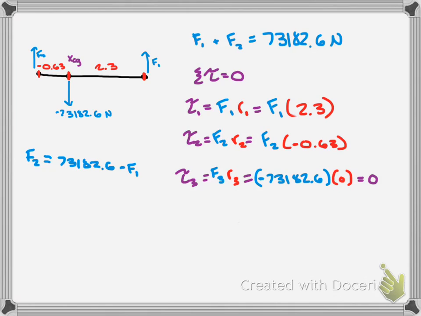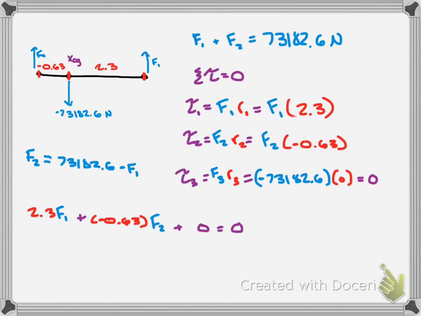So substitute torque 1 with this equation, and substitute torque 2 with that equation, and torque 3. Okay, sorry, what I just showed you was gibberish. Ignore that. Substitute torque 1 plus torque 2 plus torque 3 is equal to 0 with this. This being torque 1, this being torque 2, and this being torque 3.